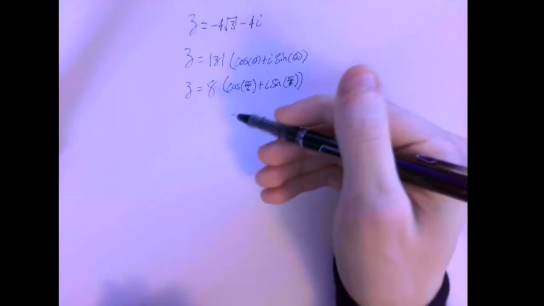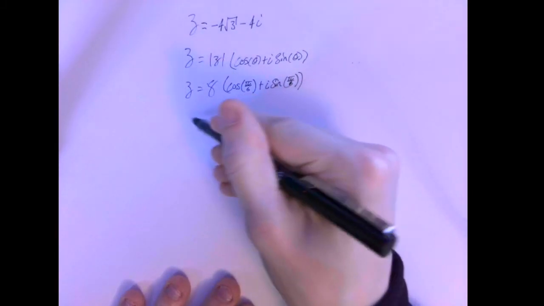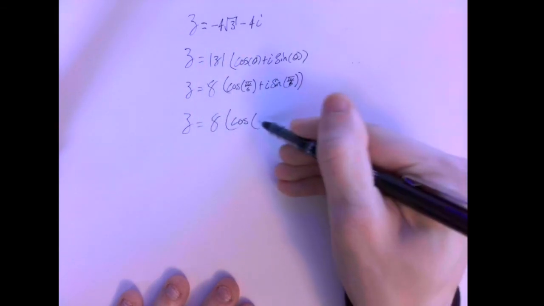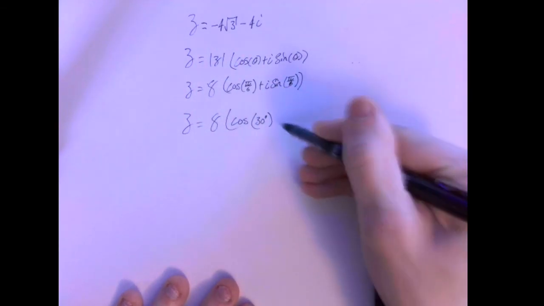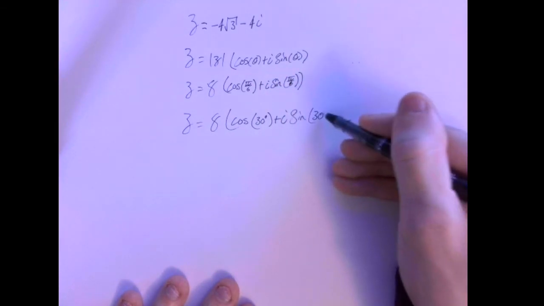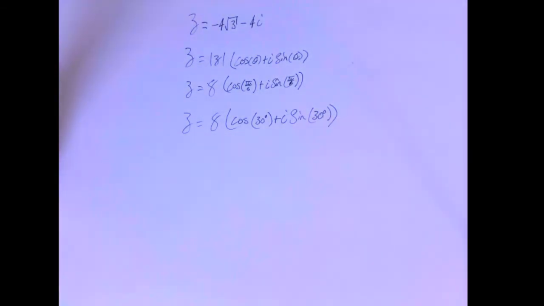And since we know it's 30 degrees, we could also have written it z equals 8 cosine 30 degrees plus i sine 30 degrees. And that's it. There you go. And that's how you find the trigonometric form of complex numbers.